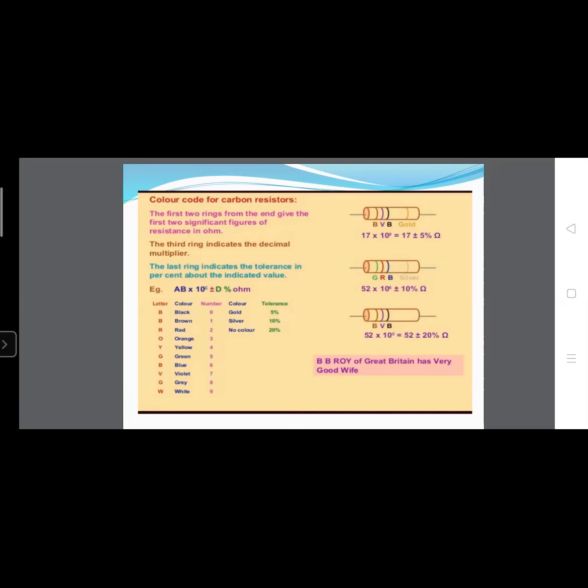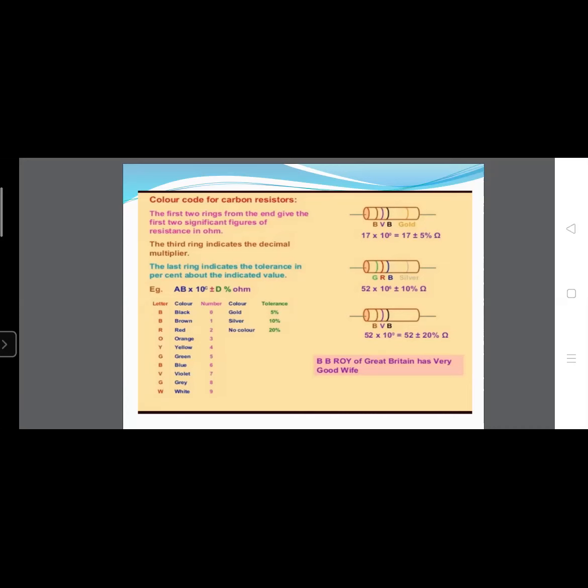Carbon resistors are mostly made of carbon and their resistances are in the higher range. Okay. So the value of these resistances and their percentage accuracy are indicated on the carbon resistor.